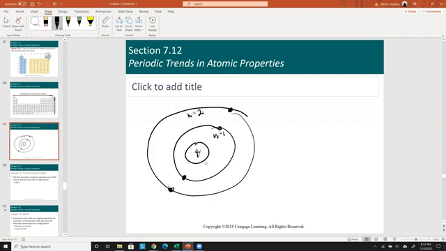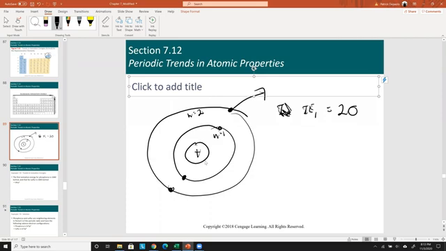Let's say the first ionization energy, IE1, is 20. This means it takes 20 kilojoules per mole to remove this electron, right?